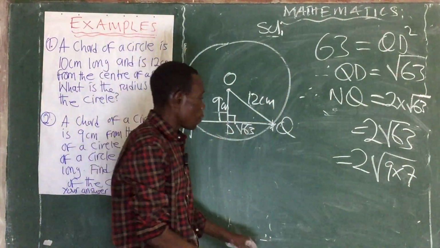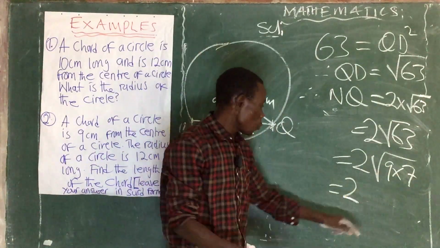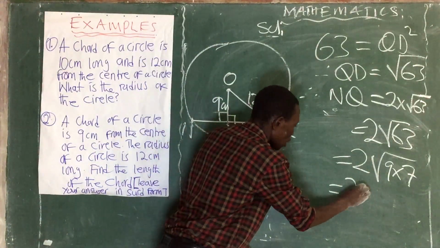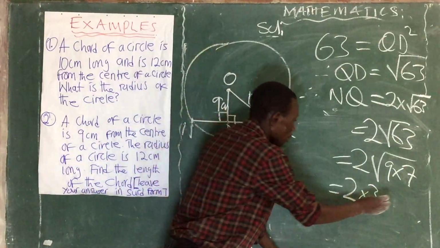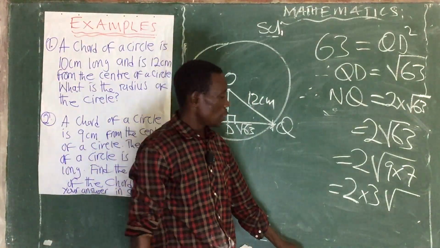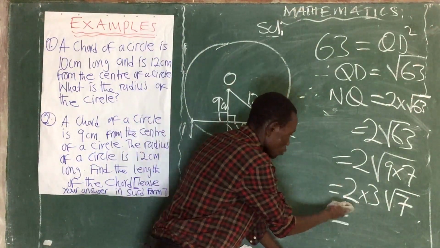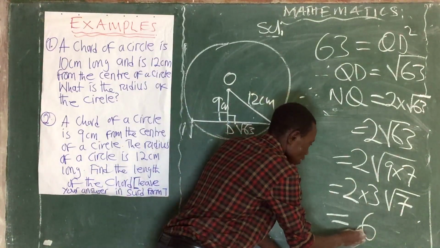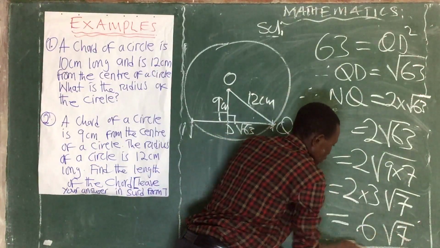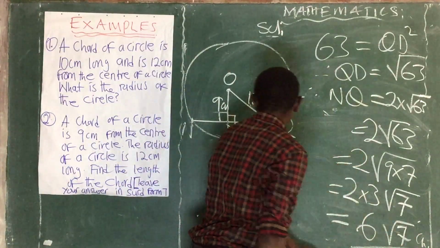The square root of 9 is 3, which will be outside here, meeting with the 2, and the 2 and 3 will multiply. But the square root of 7, I will not have it. That one is irrational, so I'll leave it as root of 7. So the final answer should be 2 times 3, which gives a 6, root of 7. This should be in centimeters.